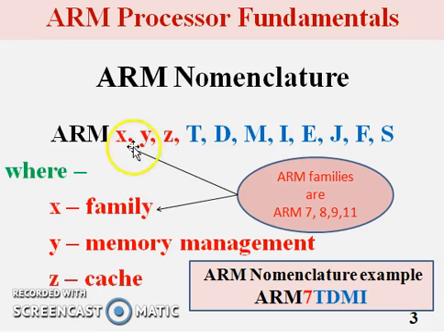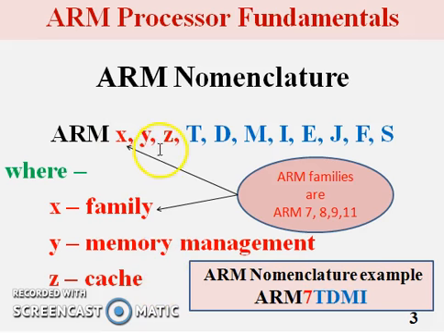So here X, Y, Z, these are the numbers, and the number at position X gives the family of the ARM processor. Number Y represents memory management of the ARM processor, and letter Z indicates the cache information of the ARM processor.